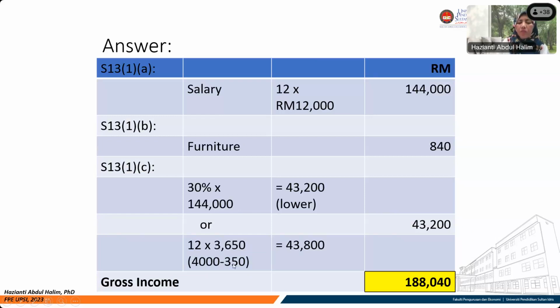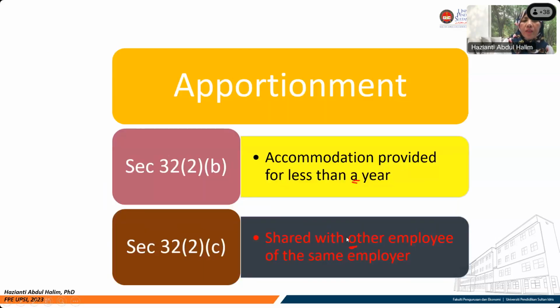So 4,000 minus 350, 3650 times 12, 43,800. So we want the lower figure, 43,200 is the lower. Bawa lah ke sini. So the gross income from employment for Lily would be 188,040.